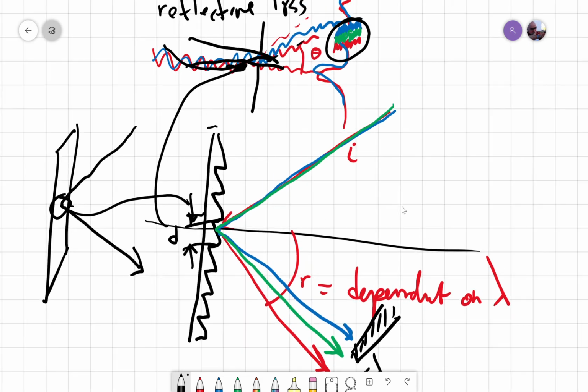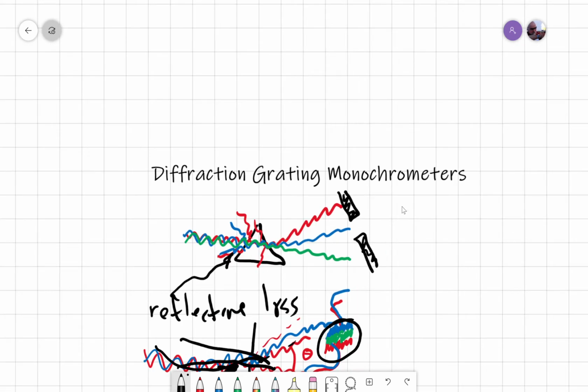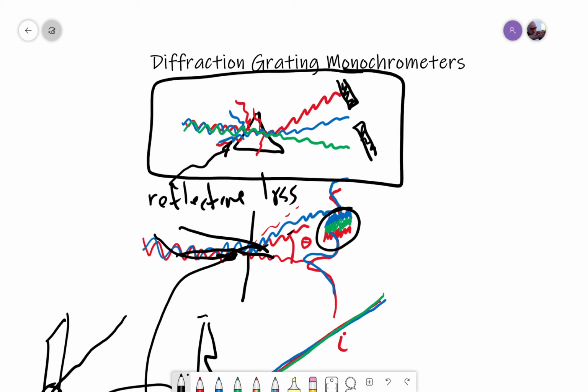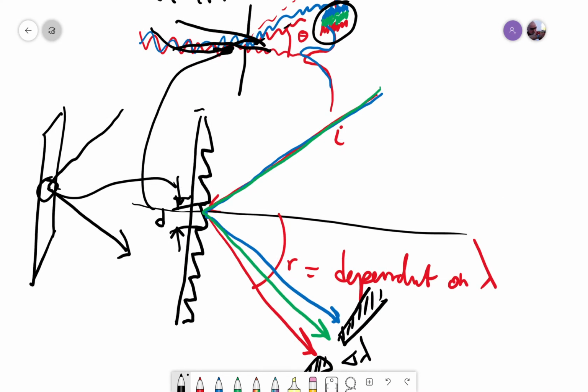So instead of the prism creating the diffraction pattern, we're going to use a diffraction grating to create the diffraction pattern.